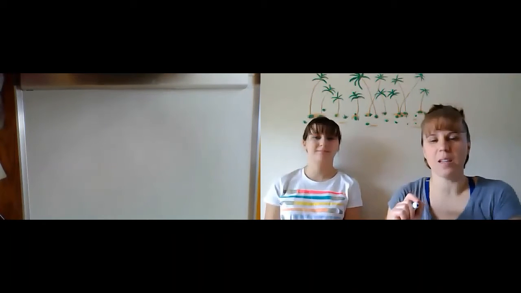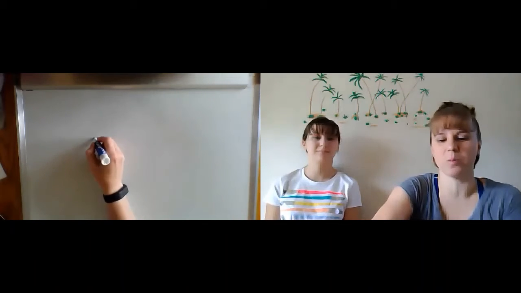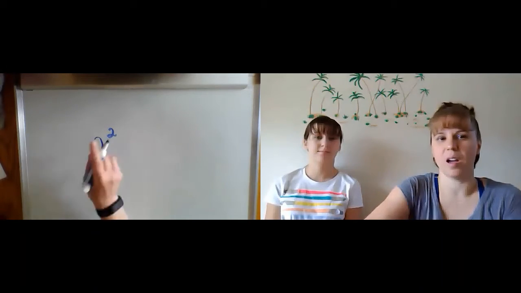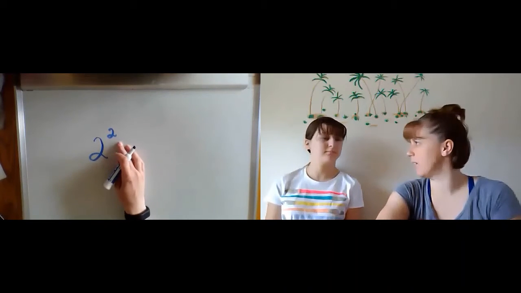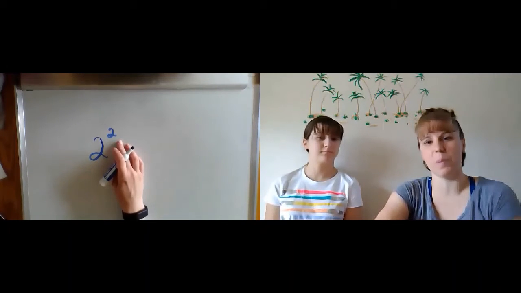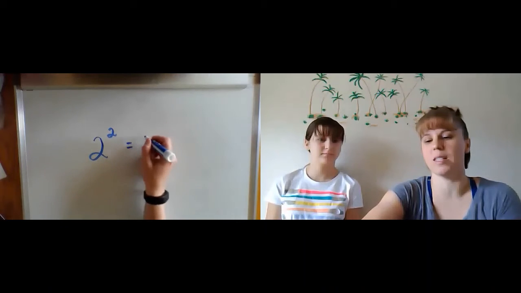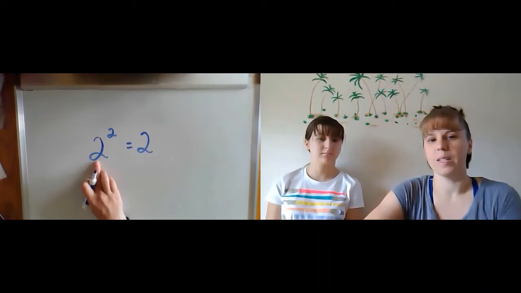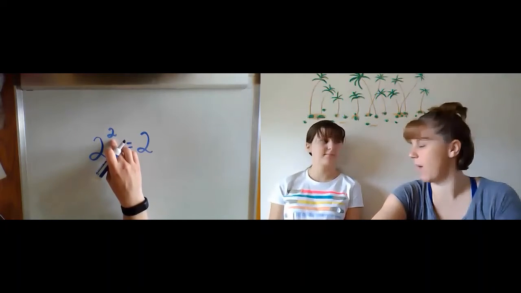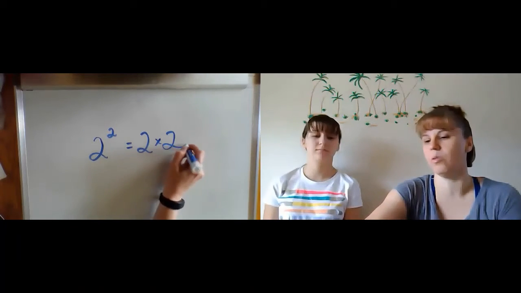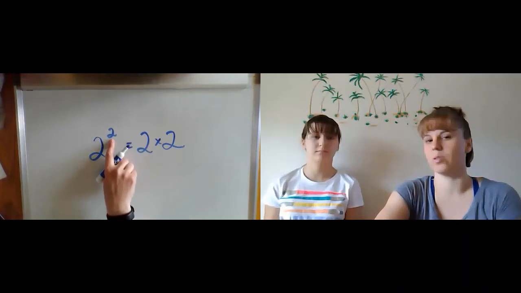Okay, so what I was saying was the exponent is the small number written up above the number we're looking at. So this means 2 to the 2nd power. That's how we read this. This is powers, and it's 2 times itself this many times. So 2 to the 2nd power is 2 times 2.